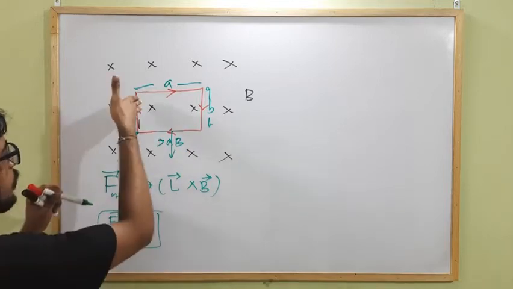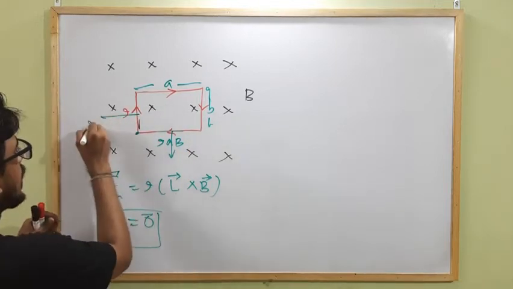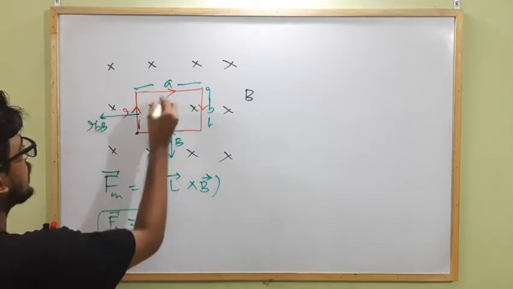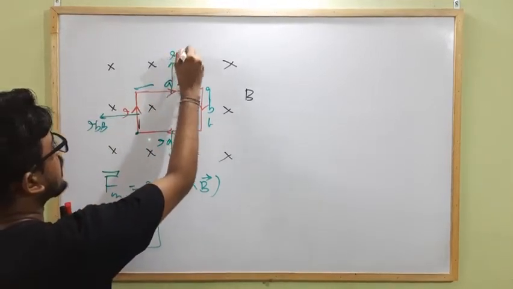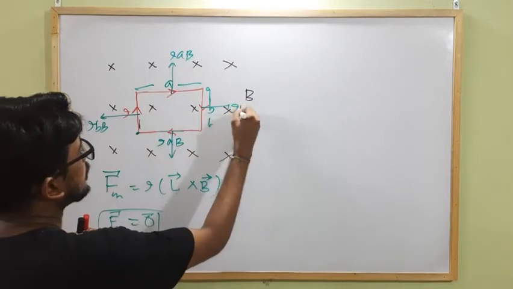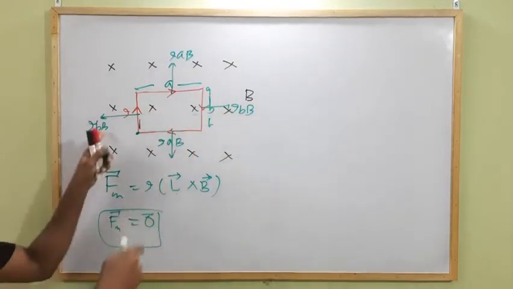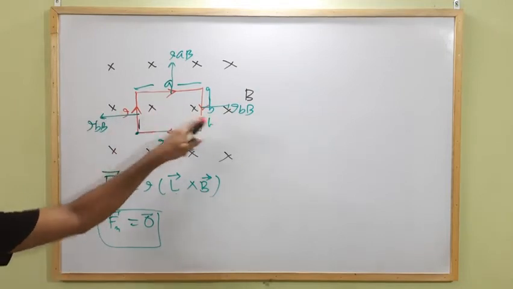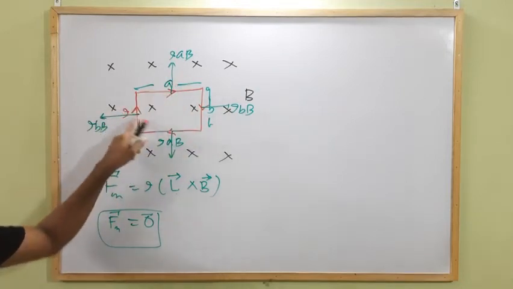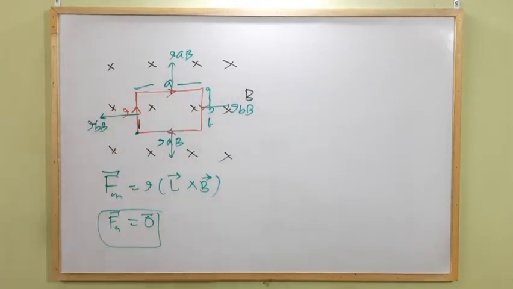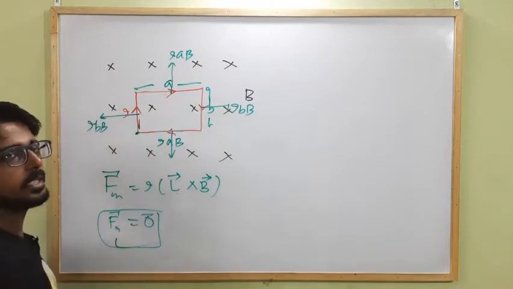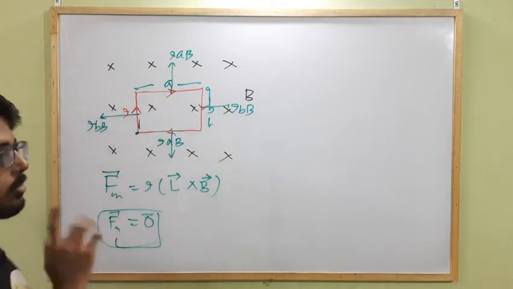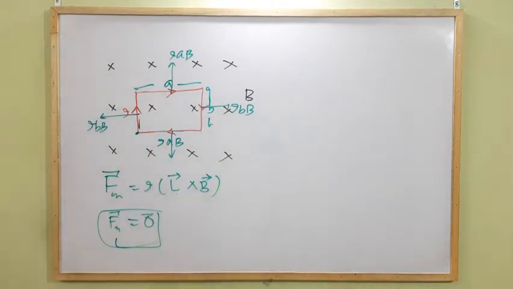Here the force will be I B B. Here the current is along this with the magnetic field into the plane, so it will be I A B, and here it will be I B B. All the forces are equal and opposite, these two and these two, acting along the same line of action, so they will cancel. The net force will be again 0. So when a closed loop is present in an external uniform magnetic field, the net force acting on it will be 0. Clear? You have to remember this, and we already discussed it.